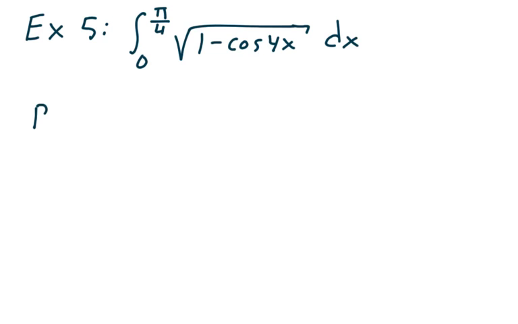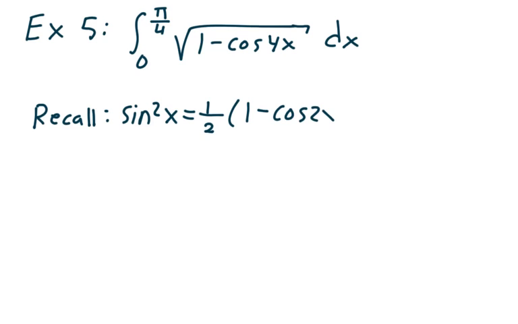Now, recall. If I take sine squared x, we get 1/2 of 1 minus cosine 2x. So I'm going to replace x with 2x. Or maybe if it helps, replace x with like a 2a or something.